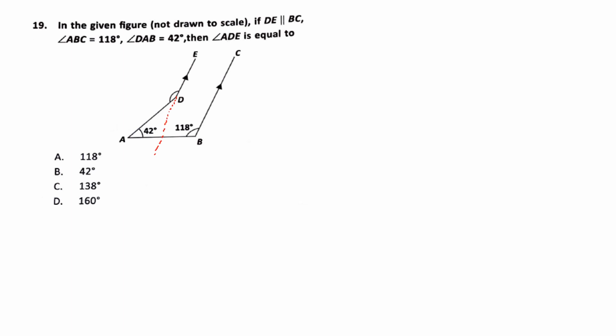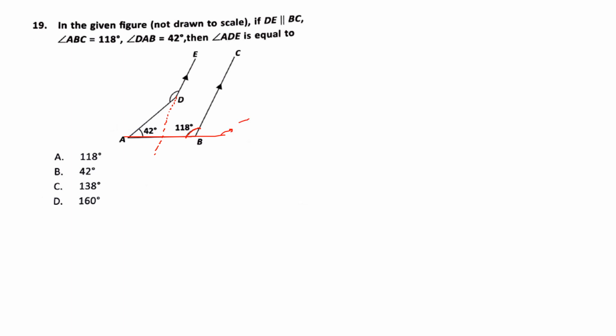Now it is given DE is parallel to BC. So if this angle ABC is 118 degrees, and it is given DE is parallel to BC, then AB will become the transversal line, isn't it? This AB will be the transversal line.